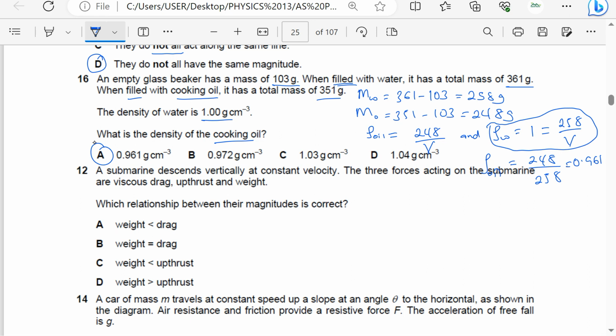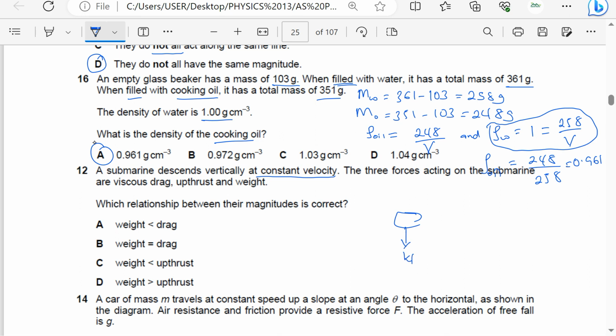A submarine descends vertically at constant velocity. At constant velocity, that means the drag force is constant. Three forces acting on the submarine are viscous drag, upthrust, and weight. So let's think of this as a submarine. The weight is vertically downwards.